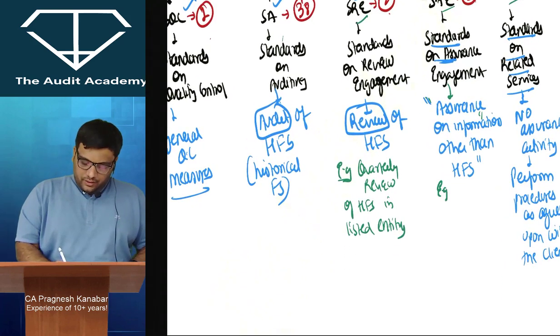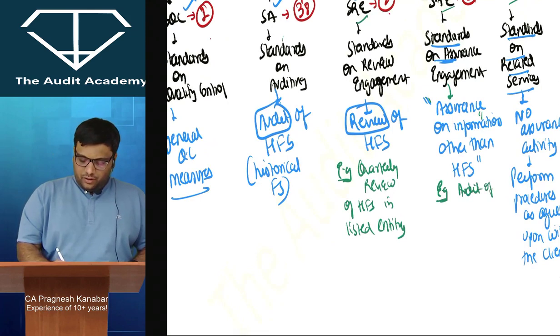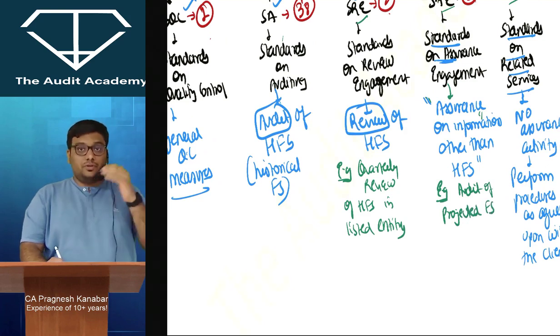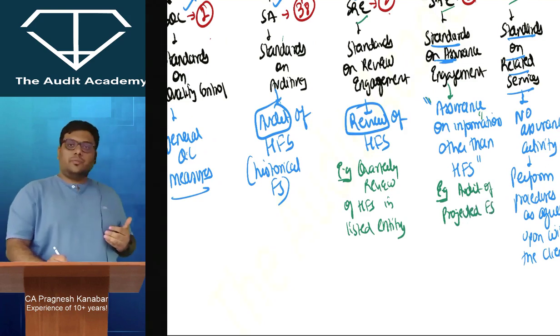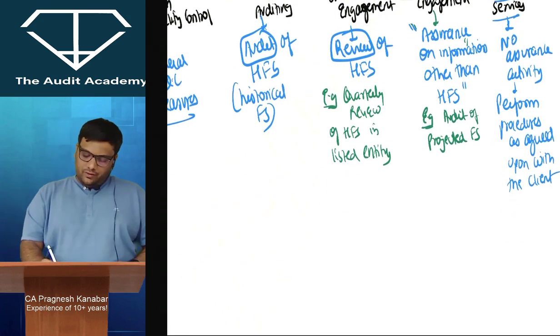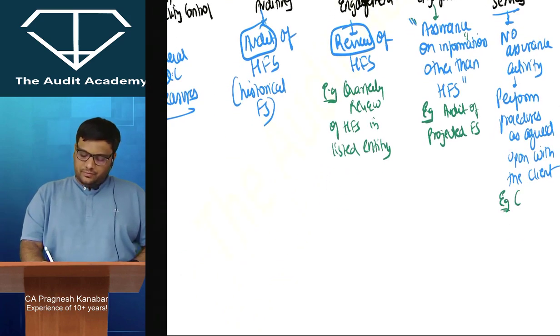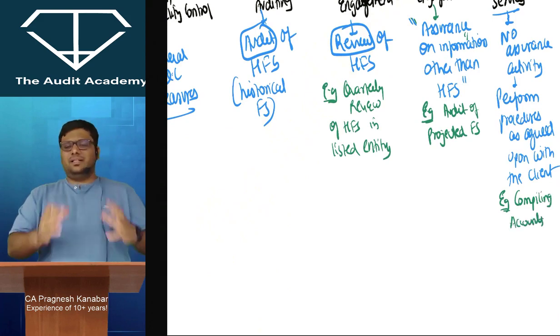Over here you can write down an example: audit of future projected financial statements. Alright. Then you can write down one example over here. Example, compiling accounts. Compiling is just preparing a summary and stuff.